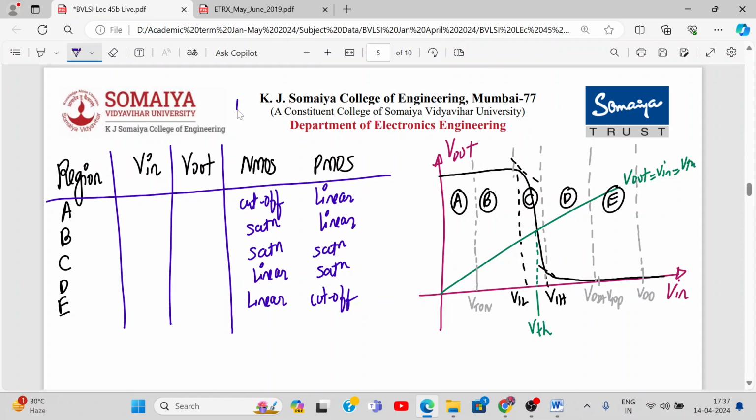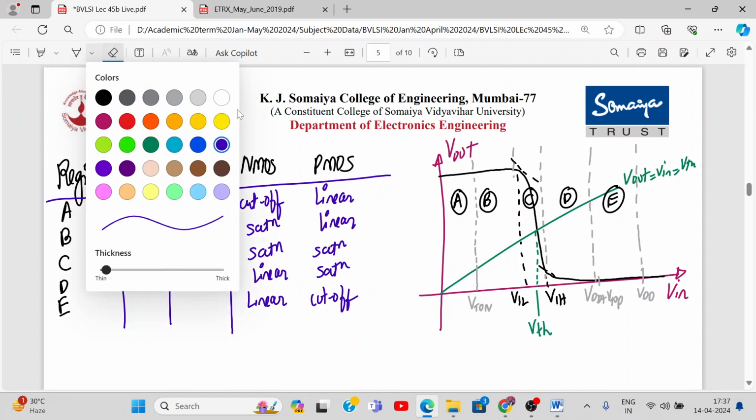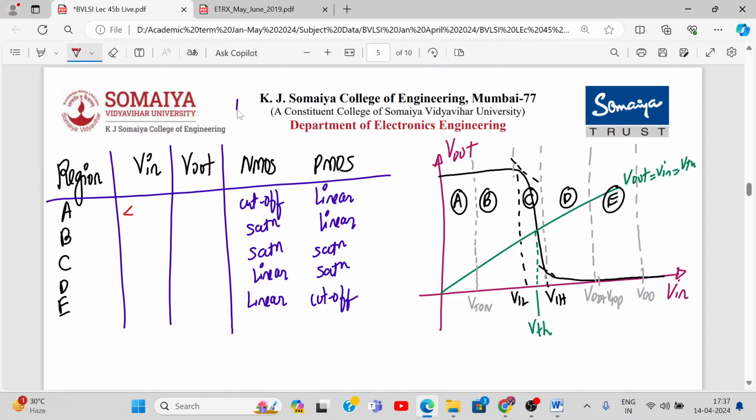For A, Vin should be less than VTON. And what is the Vout state? Almost VDD. This is VOH actually, and this is VOL. So the output level is at VOH.